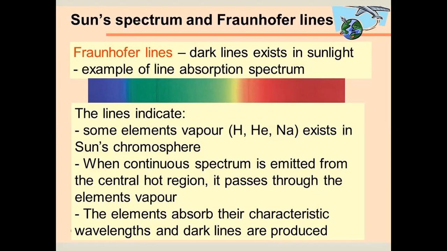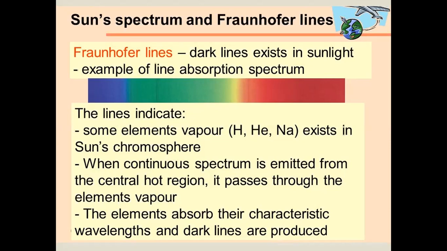What does this dark line tell us? The absorption spectra for various materials are compared with the Fraunhofer lines in the solar spectrum, which helps in identifying the elements present in the sun's atmosphere. Some elements that are found with the help of these Fraunhofer lines are hydrogen, helium, sodium, and so on.